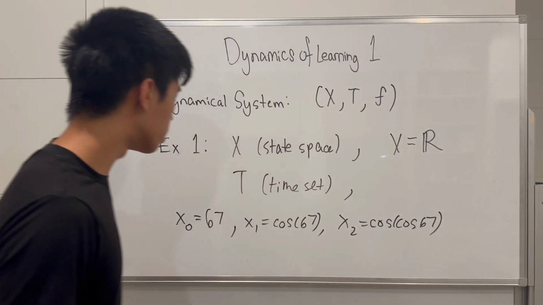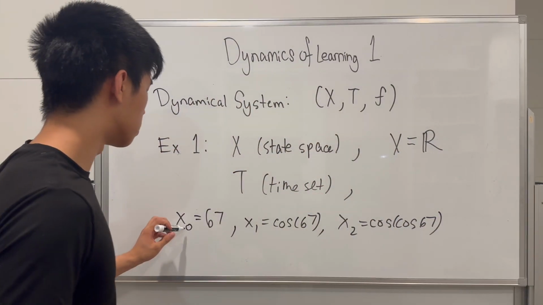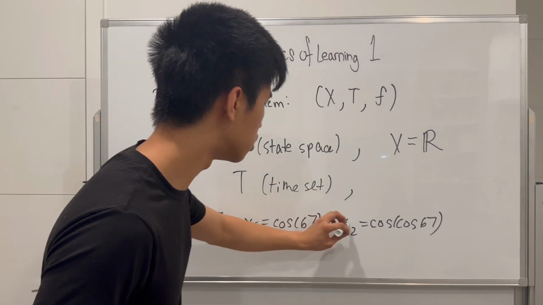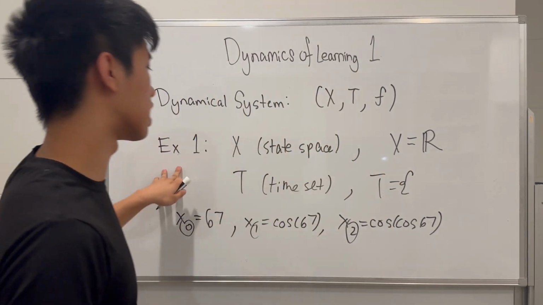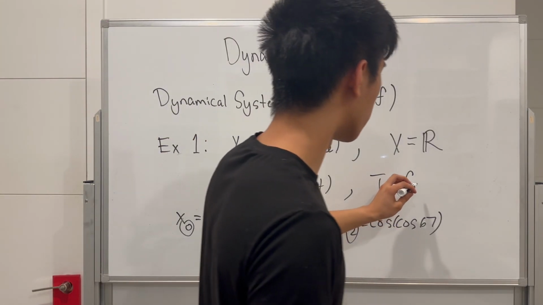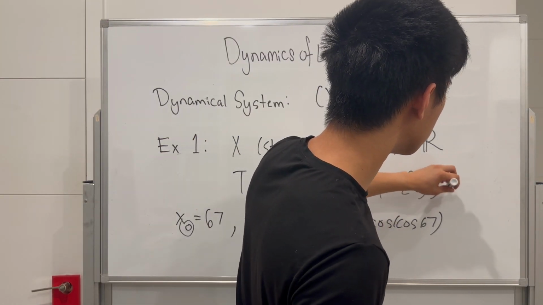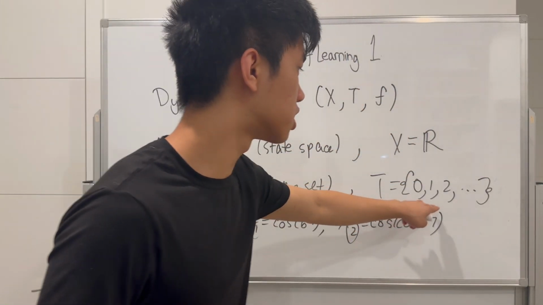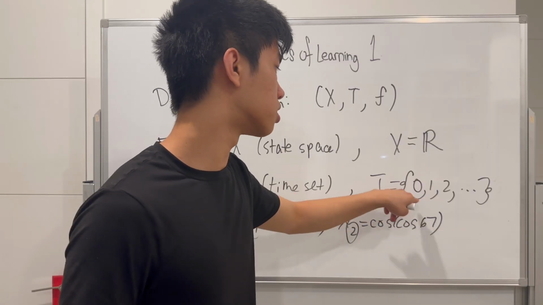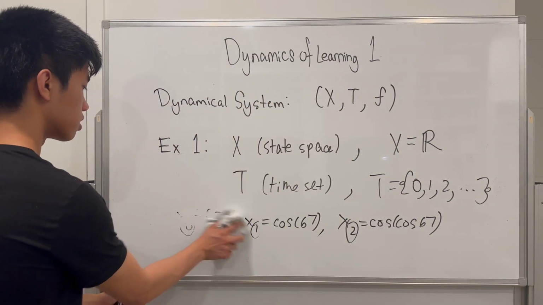And so really the times that we were using were 0, 1, 2. So in the calculator example, our time set, the set of all times that we occupied, was just a bunch of integers. Okay, specifically, that's the set of positive integers union 0. Okay.